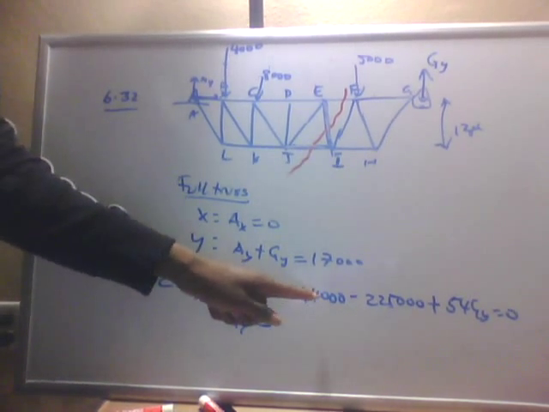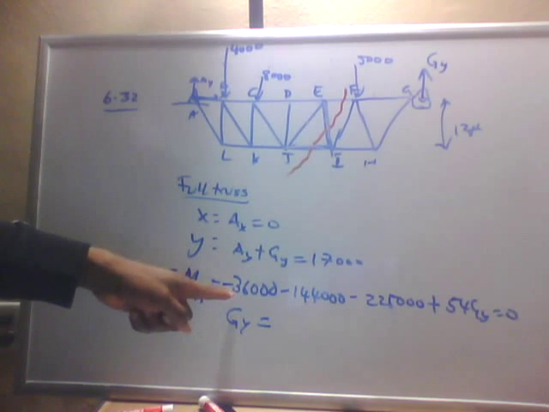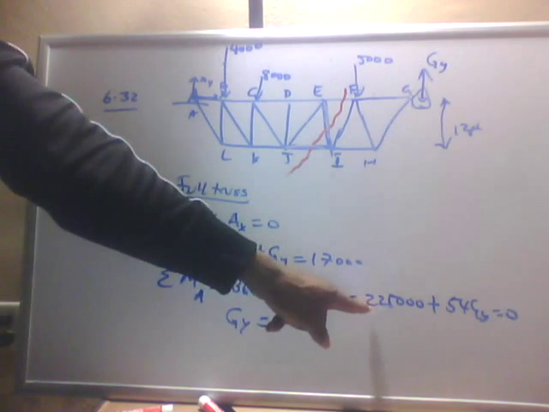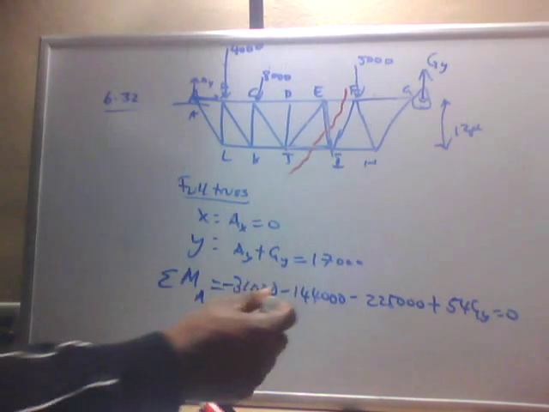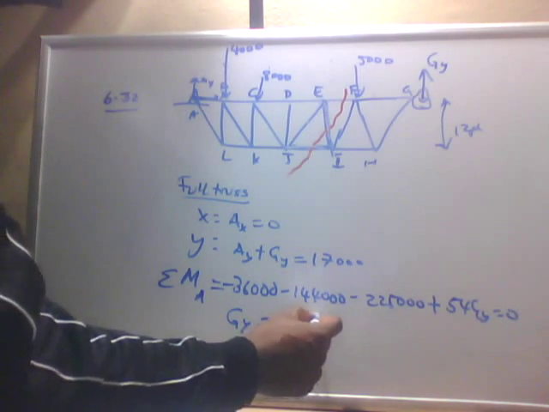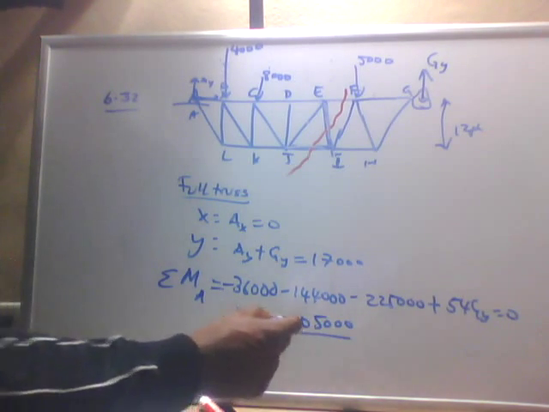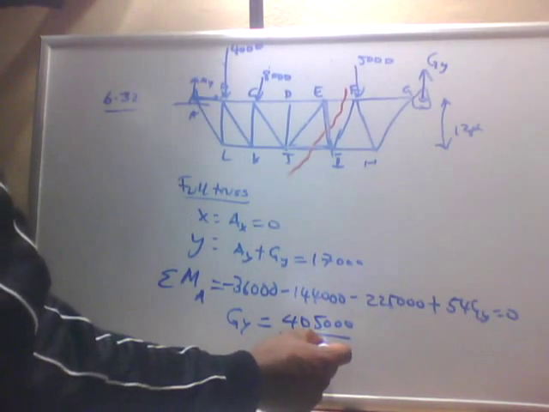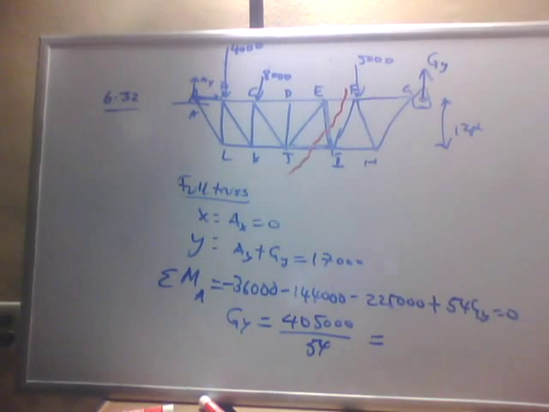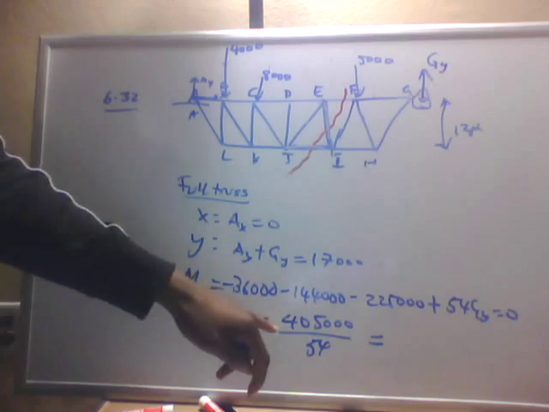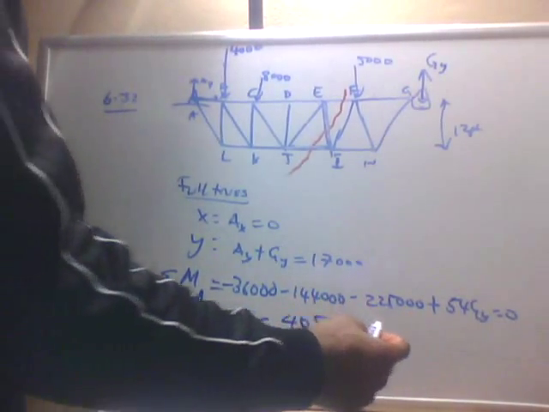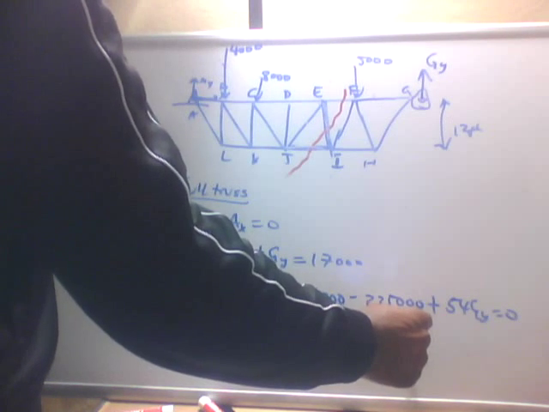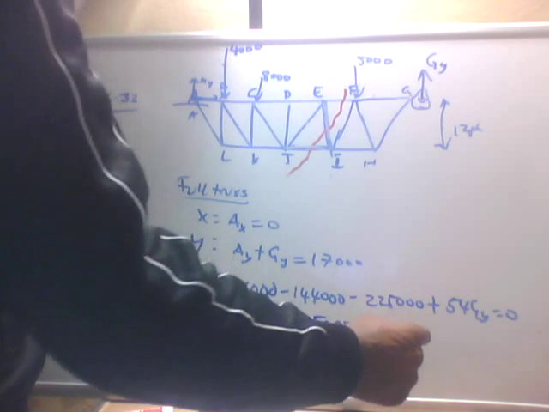Which means that GY is 144 plus 36 is 180. 180 plus 225 is 405,000, divided by 54. My goodness.